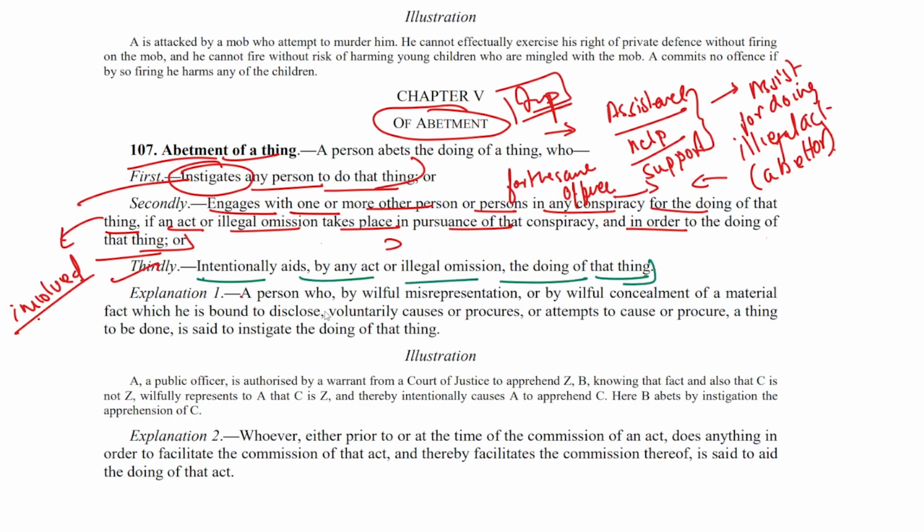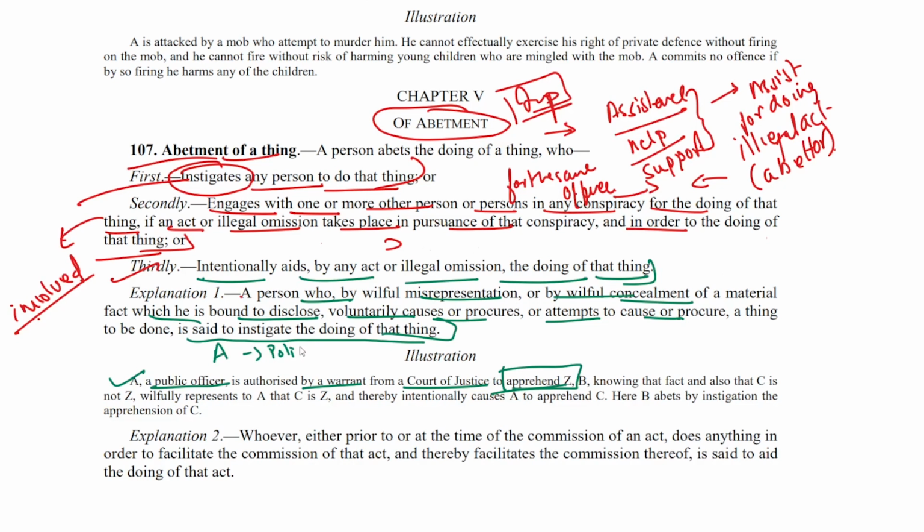A person who willfully misrepresents, or by willful concealment of a material fact which he is bound to disclose, voluntarily causes or procures, or attempts to cause or procure, a thing to be done is said to instigate the doing of the thing. So take an example. A public officer is authorized by a warrant from a court of justice to apprehend Z. So there is a public officer. Let's take an example. A is a policeman.